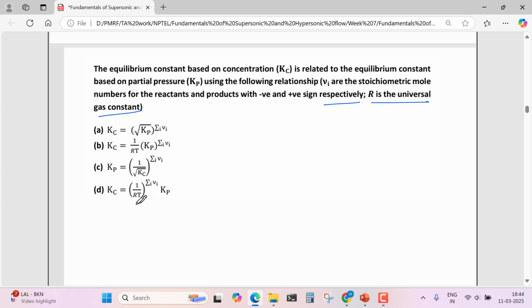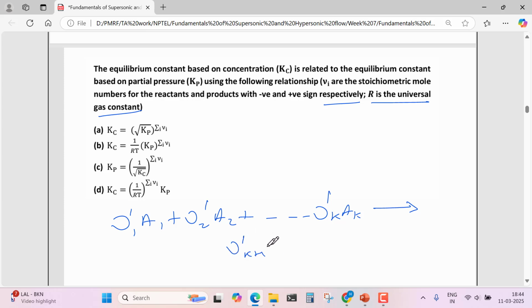Let's say there is one chemical reaction given by mu1 dash A1 plus mu2 dash A2 plus so on, mu dash k Ak, and the products will be mu dash k plus 1 Ak plus 1 plus mu dash k plus 2 Ak plus 2, and so on, mu j dash Aj.